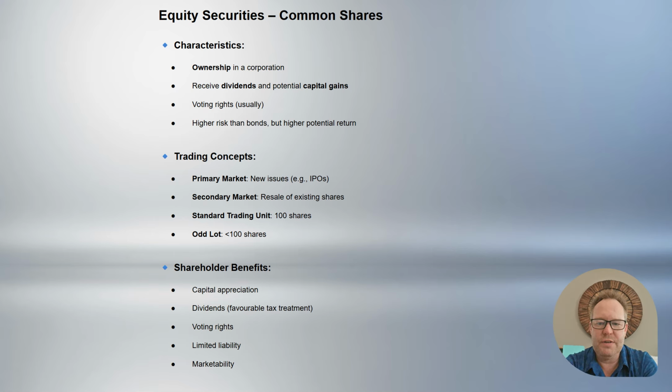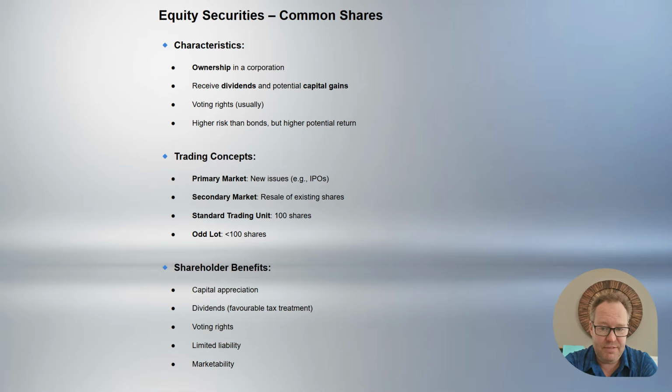So now we're moving on from fixed income to equities. Equity securities is simply common shares. You might hear me say equity, you might hear me say share. They can be interchanged. So what are the characteristics of equities or shares? A share is simply ownership of a corporation.